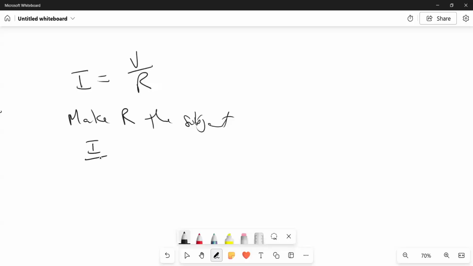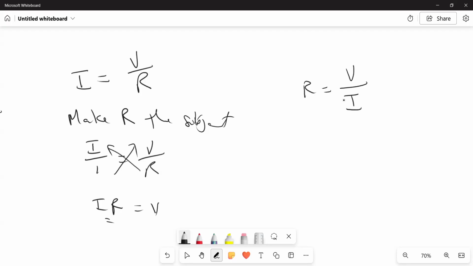You can put I over 1 equal V over R. You cross multiply and you get IR equal V. But you're not done yet. You gotta make R the subject. Then divide both sides by I, right? You get R equal V over I. See, so it's not always a one-step thing and you get the answer.